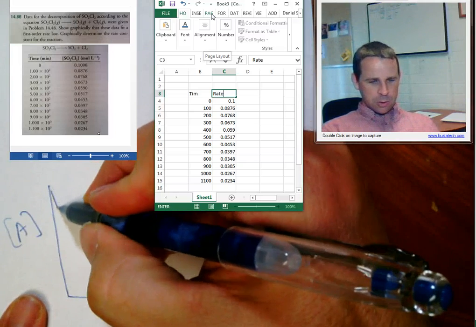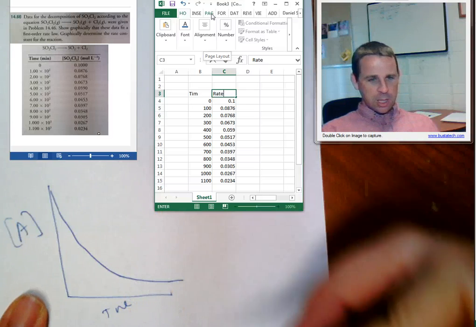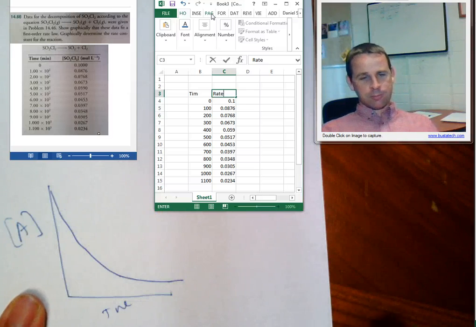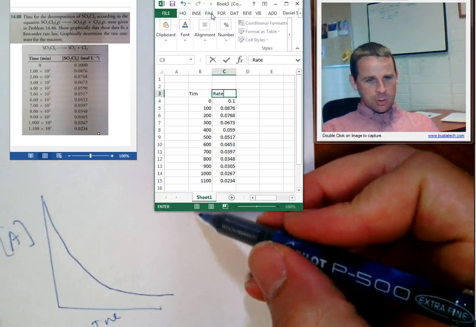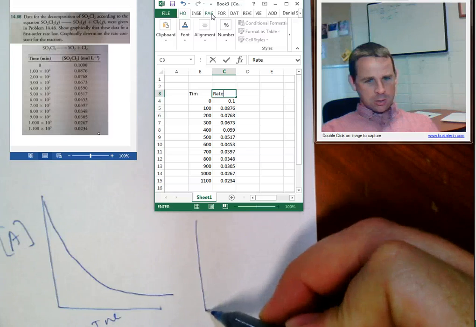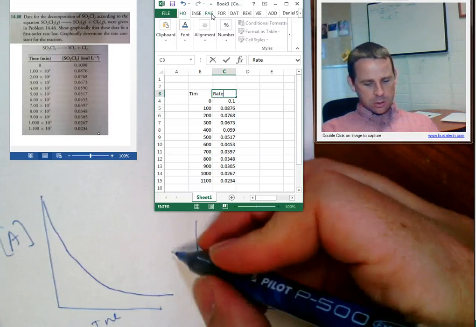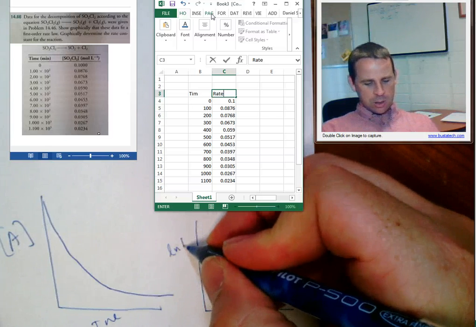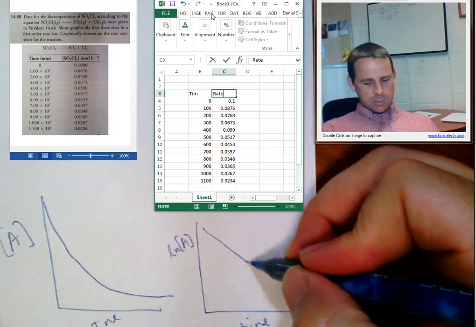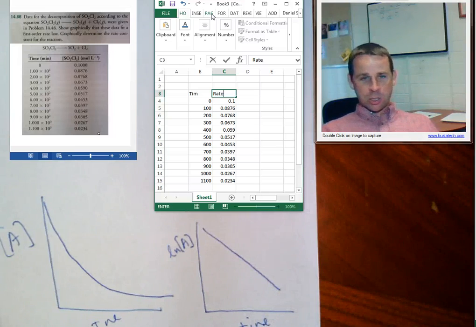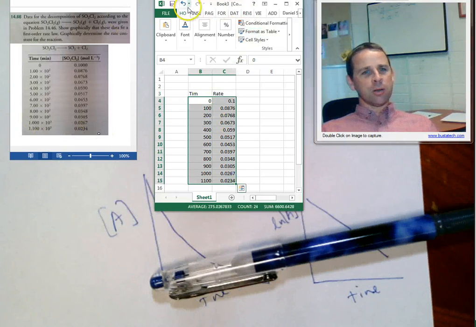But if it's first order, it'll be like this, where you have a decay with a half-life. And we've also discussed that for a first order reaction, if you plot the natural log of the concentration versus time, this will give you a linear relationship. So I'm going to plot these really quick here.